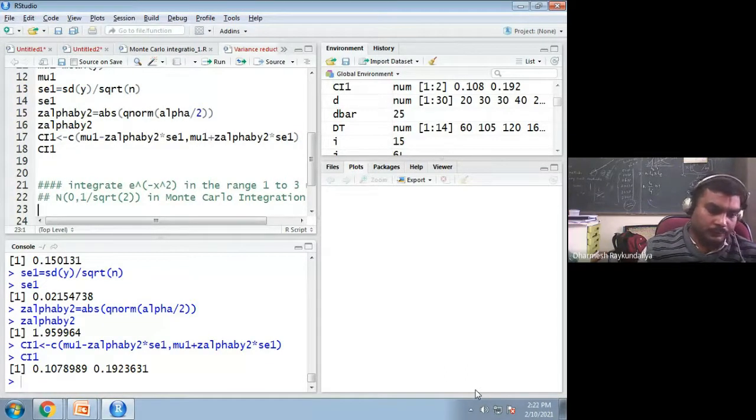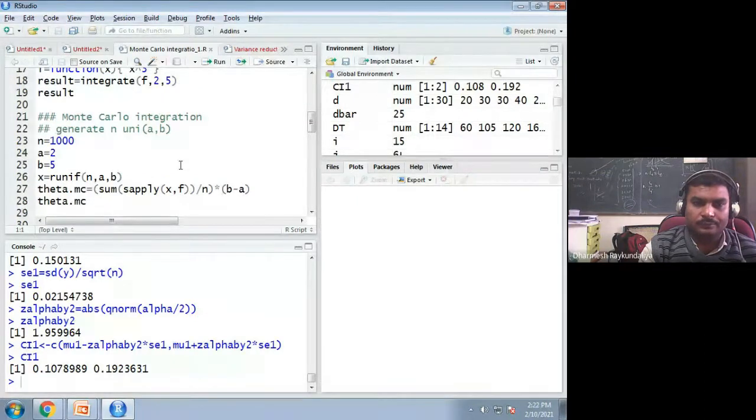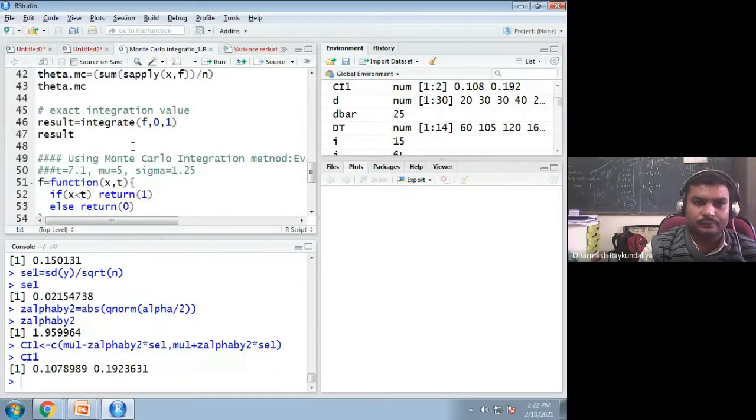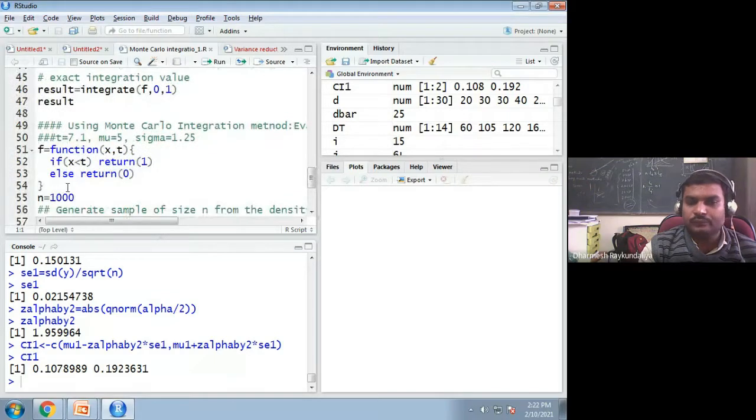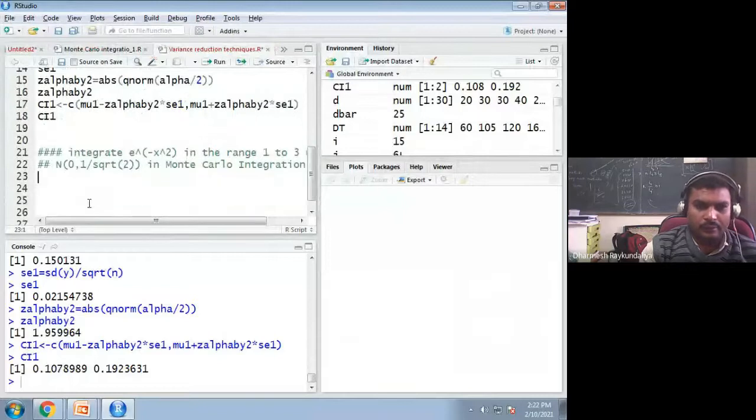So what we do, here we do not need to define a function, because we can directly generate from normal, as we just have to use the indicator variables. Last time we used the approach: assign 1, otherwise 0. If you remember, somewhere we had applied this: if x less than t, return 1, else return 0. This way you can also write, or I will show you another way. It is up to you. Choice is yours.